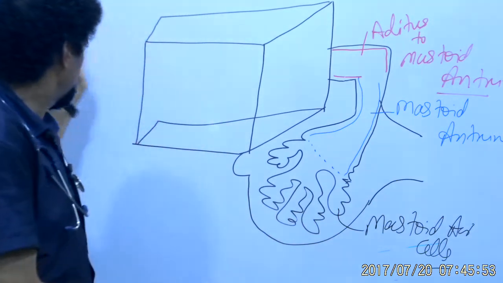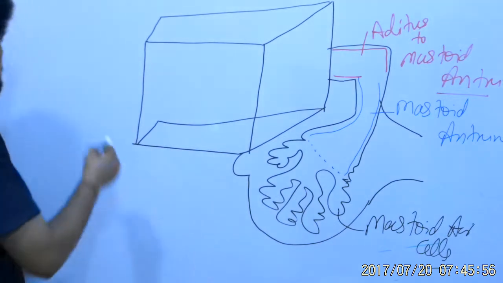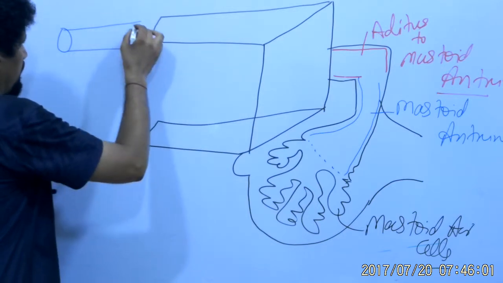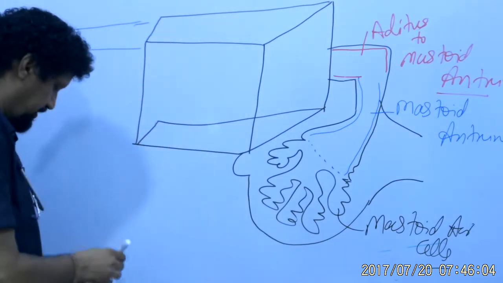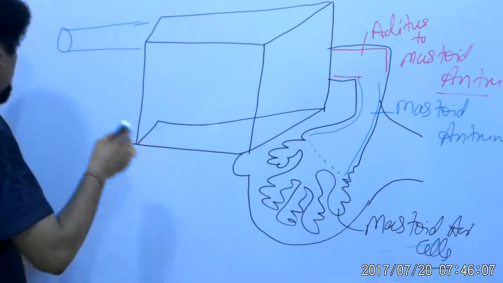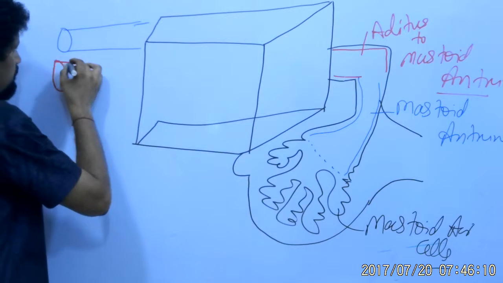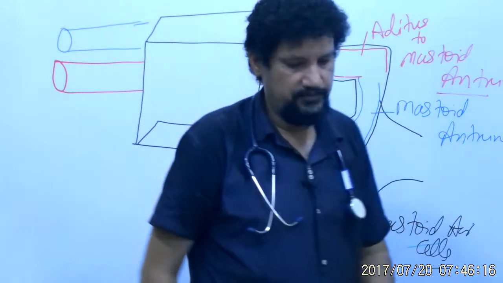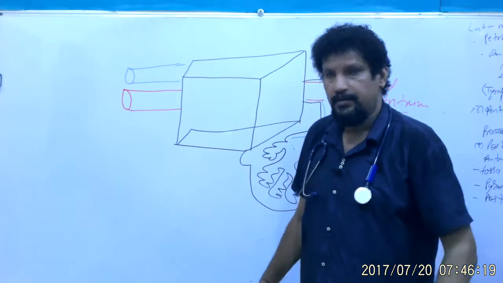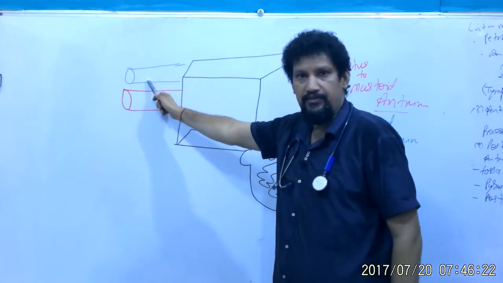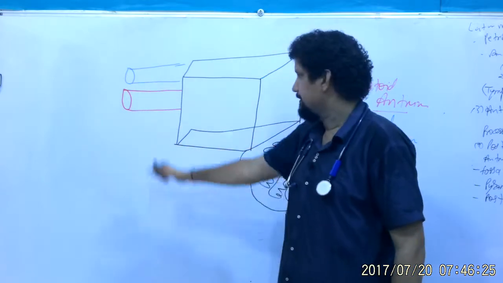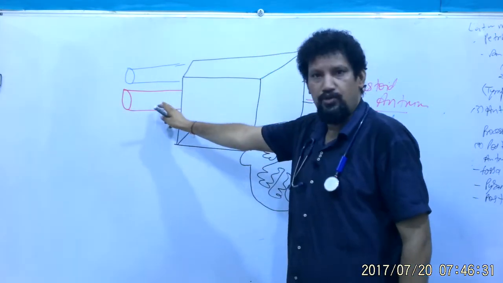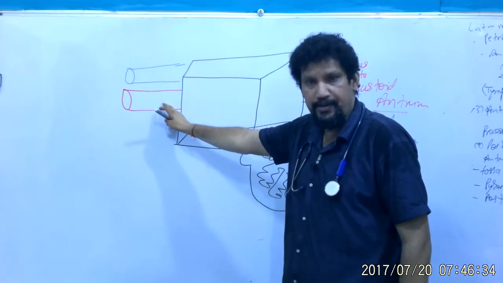The anterior wall is related to the canal of the tensor tympani muscle and the auditory tube, also known as the Eustachian tube. So this is the canal for the tensor tympani muscle. Here we can see the pharyngotympanic tube, also known as the Eustachian tube or auditory tube.